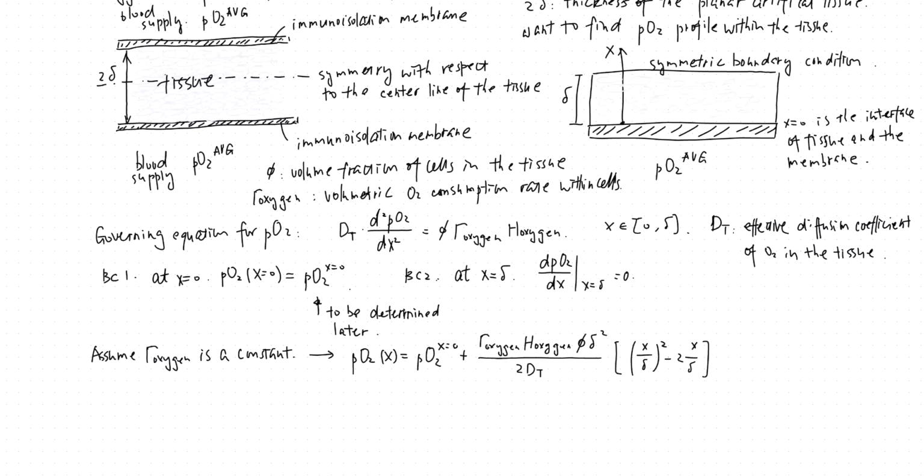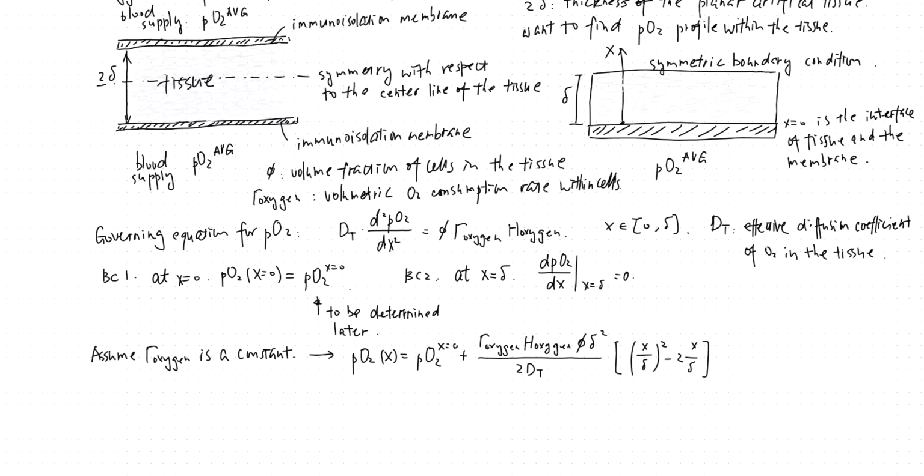Okay, so how do we determine this PO2 at x equal to 0? Well, by the way, it's a quadratic equation. If you see this type of setup, with this type of boundary condition and this type of governing equation, especially because the right hand side, gamma, is a constant, you will get a quadratic.